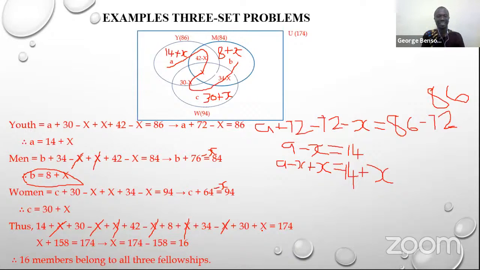Is that okay? So now we have our value. We're going to add our 14 to our 30, to our 42, to our 8, to our 34, and 30. Please, can you quickly do that addition for me, for us to be double sure?